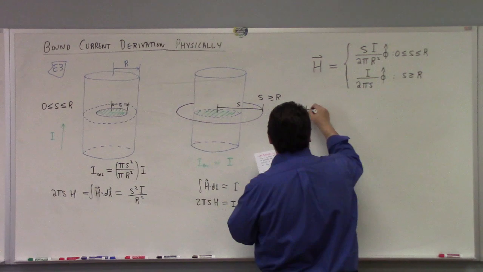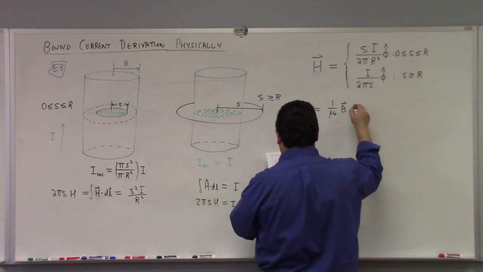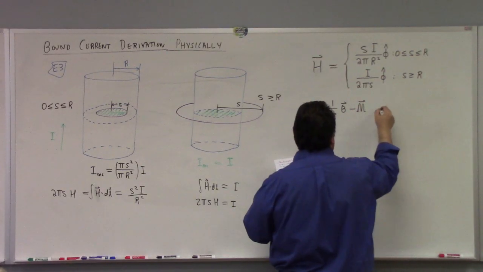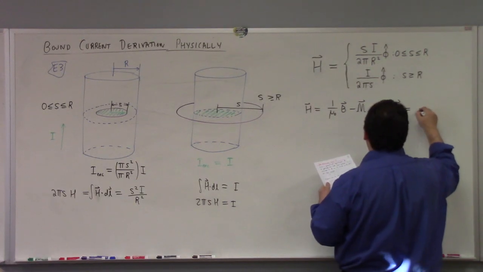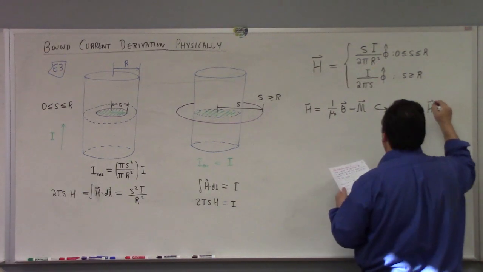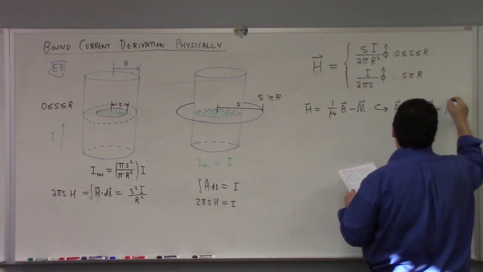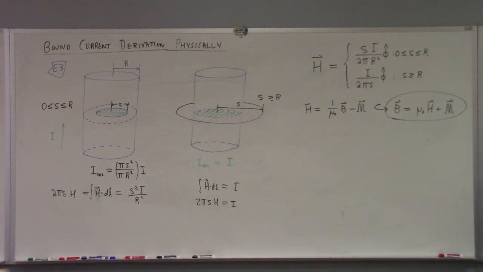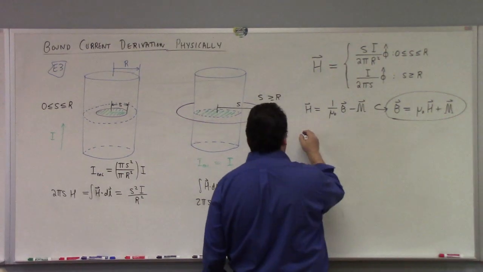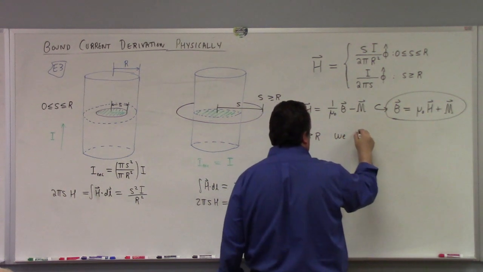Remember that we have H is 1 over mu naught B minus M. So that we can solve for the magnetic field, B equals mu naught H plus M, yeah? That's nice to know about. So once we know H, we can recover the magnetic field if we know the magnetization. Now we do know the magnetization outside, right? For S greater than or equal to R, what's the magnetization out there?